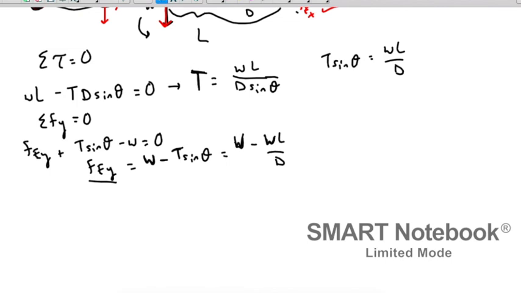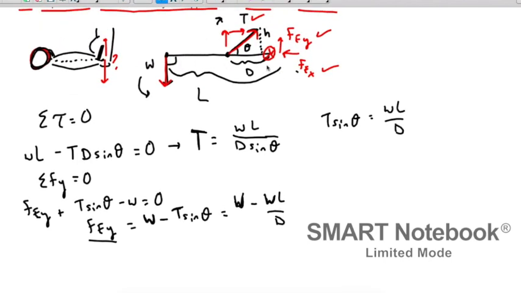L is longer than D, right? L is longer than D, so L over D is some number greater than 1. So we're going to get W minus some number greater than 1 times W, which is going to give us a negative value. So now we know that our guess for the upward direction of this force that the upper arm puts on the elbow is wrong.